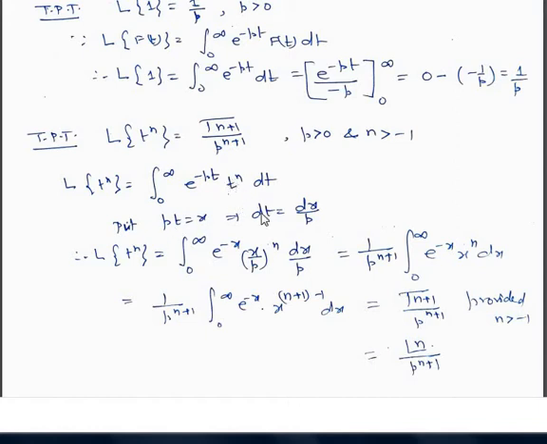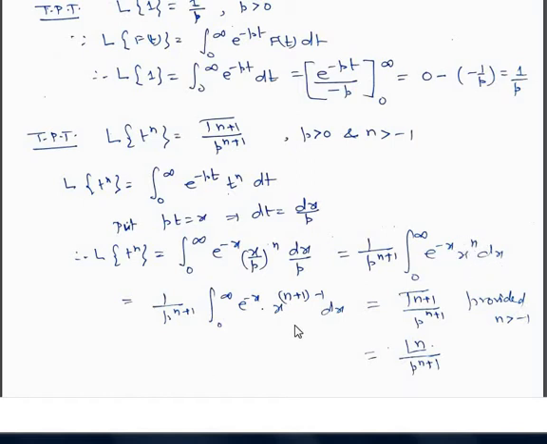In place of t we put x upon p. So this is x upon p to the power n. And in place of dt we write dx upon p, which is equal to 1 upon p to the power n plus 1, integral 0 to infinity e to the power minus x, x to the power n dx.